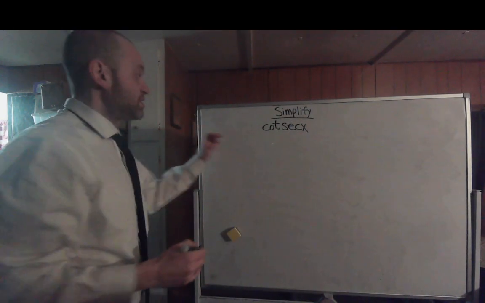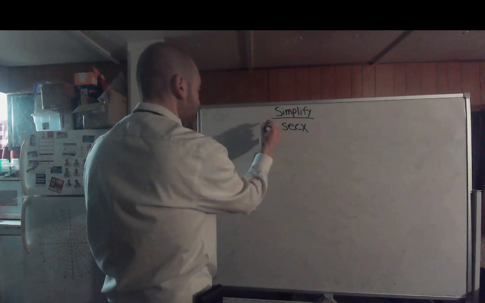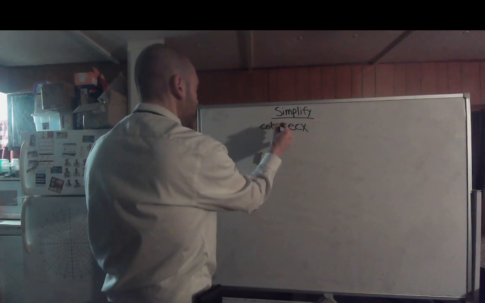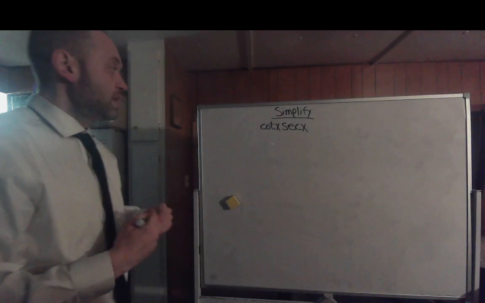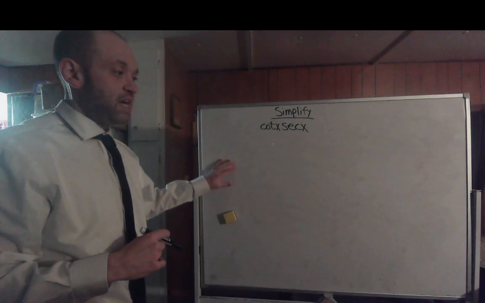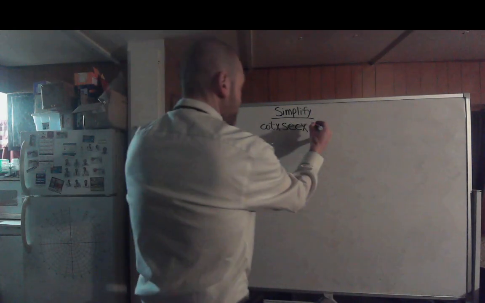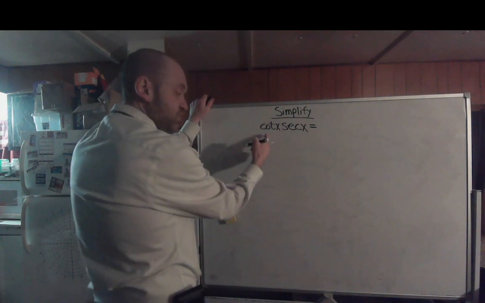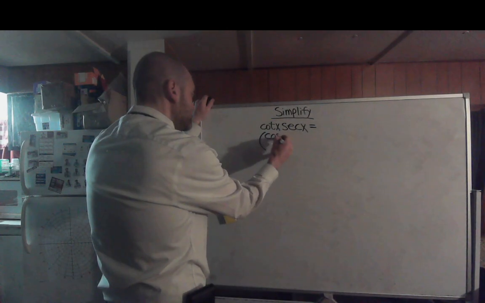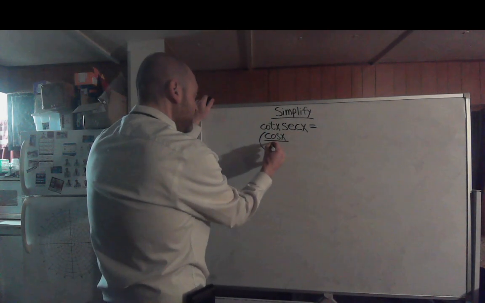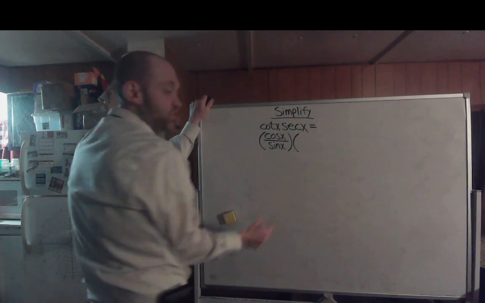Well, to best simplify this, it's important to understand what these are in terms of sine and cosine. So cotangent of x is what? That's the cosine of x over the sine of x times, now what's your secant of x?